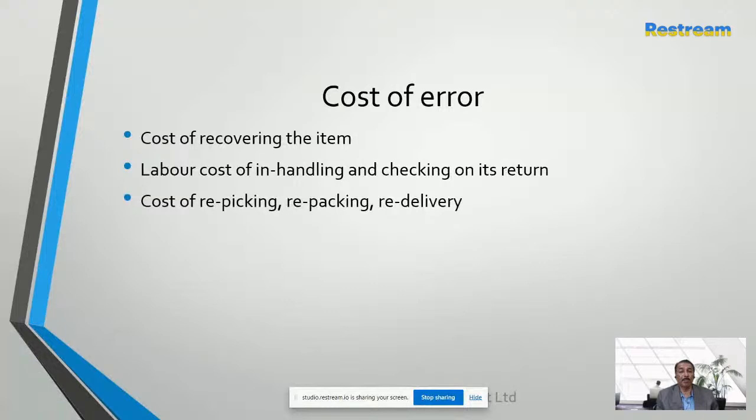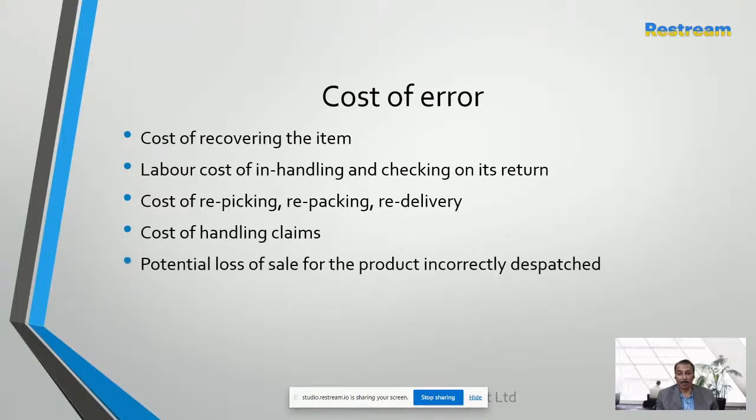So the cost of repicking, repacking, or redelivery is also involved, and it is especially very expensive compared to the forward logistic. So also the cost of handling claims is there. Potential loss of sales for the product incorrectly dispatched. So there are various costs involved if even a small mistake is committed.